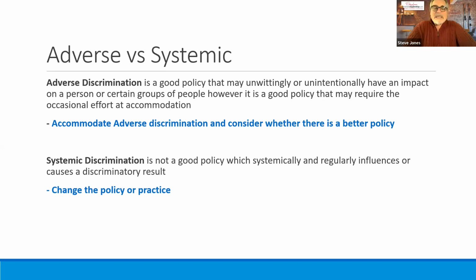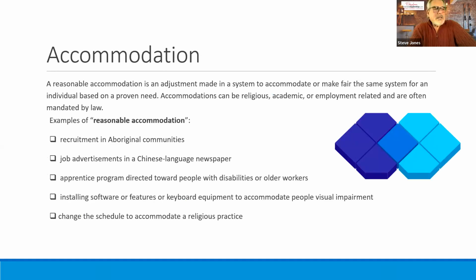Systemic discrimination is not a good policy. So when we see and understand that it systemically discriminates, we say, this policy is no good. Let's change it. Once we get into systemic discrimination, we start to realize we might have to accommodate a person because we didn't intend for this to happen to them.